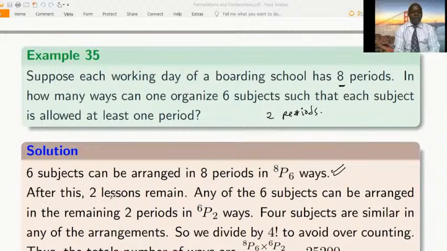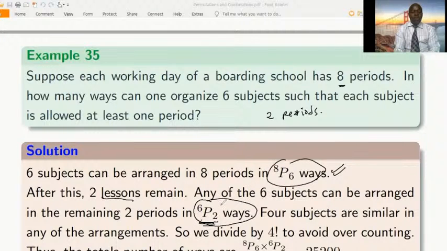And after this, we are left with the two periods. So any of the 6 subjects will be arranged in the remaining 2 periods. These are the number of ways that we can arrange 6 subjects in the remaining 2 periods.